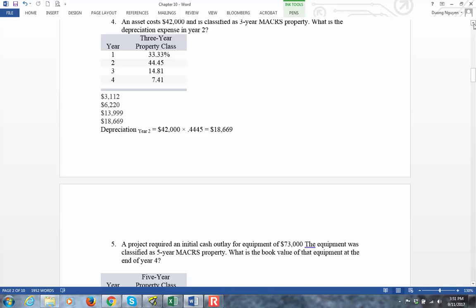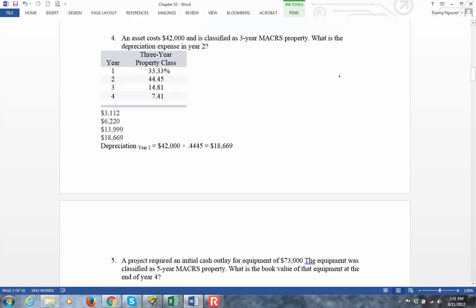Now number 4, an asset that costs $42,000 and is classified as 3-year MACRS property. What is the depreciation expense in year 2?